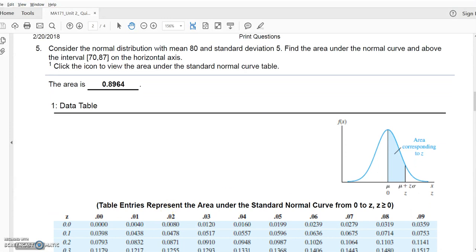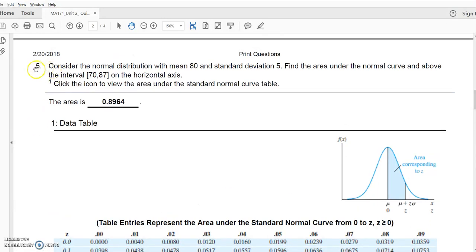So here's number 5. In number 5, we have a normal distribution with mean 80 and standard deviation 5. So find the area under the normal curve and above the interval 70 to 87 on the horizontal axis. This illustrates what we need to do. We need to calculate the z-scores for these interval boundaries.